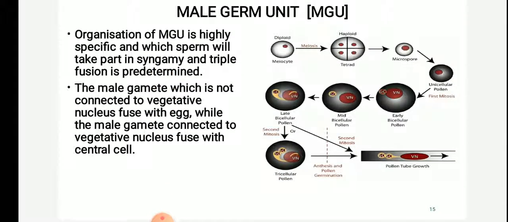The organization of MGU is highly specific, and which sperm will take part in syngamy and triple fusion is predetermined. The male gamete which is not connected to the vegetative nucleus fuses with the egg, while the male gamete connected to the vegetative nucleus is going to fuse with the central cell.